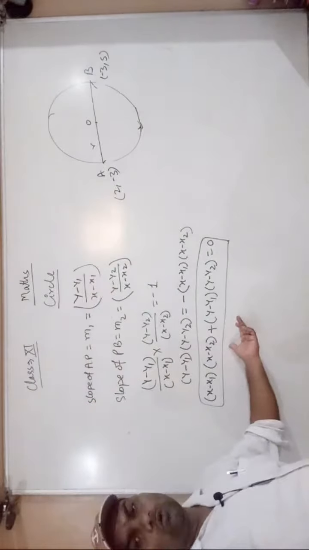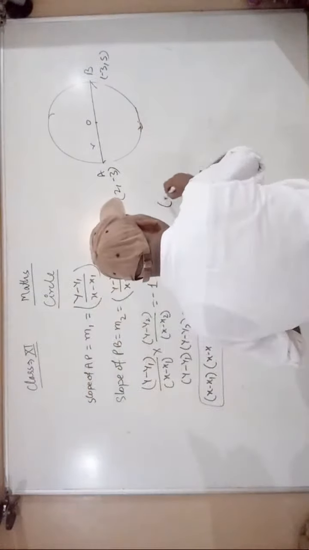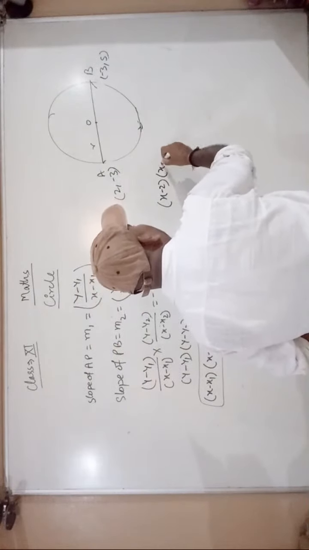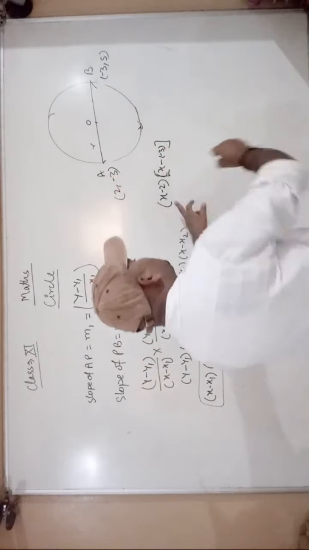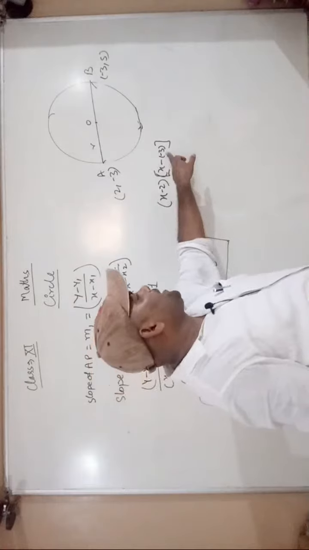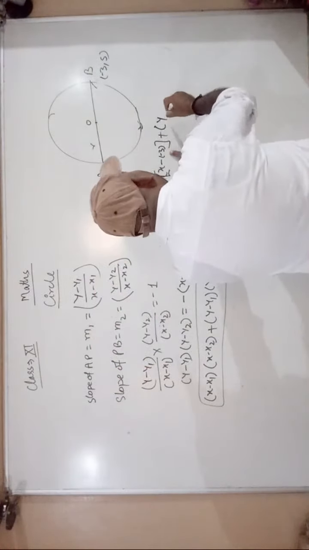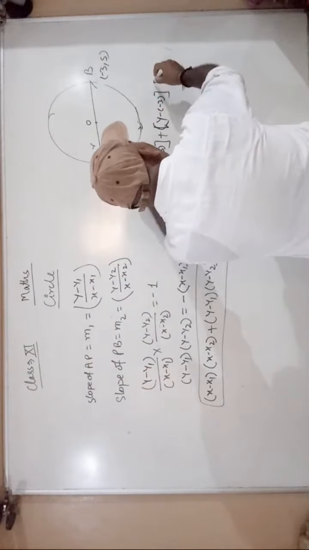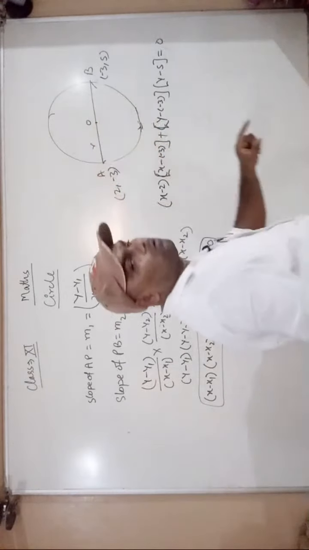Clear? So we will use this formula: (x minus x1), that is x minus 2, into (x minus x2), that is x minus 3, plus (y minus y1)(y minus y2) is equal to 0.